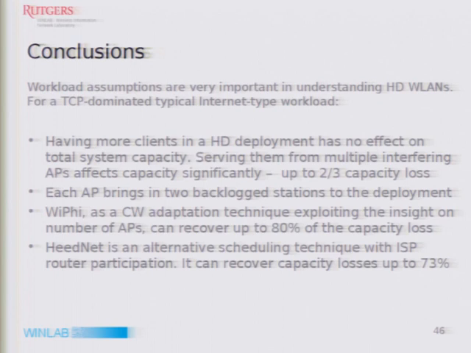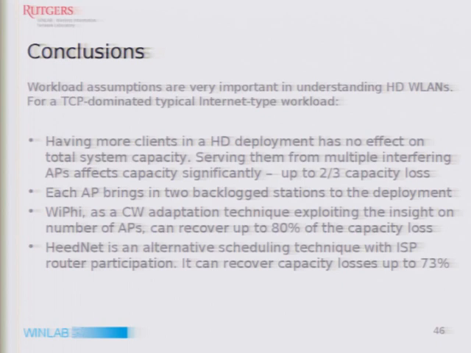The insight we had was that each access point you add to the system brings 2 more active backlogged stations, if you will. We proposed a contention window adaptation scheme where we could exploit this insight into the number of access points being the driving force for backlogged stations, and adapt the contention window based on that, versus previous work.